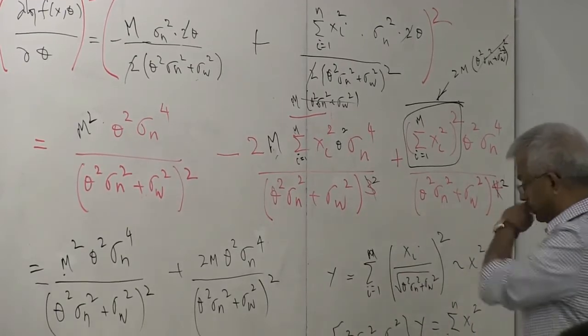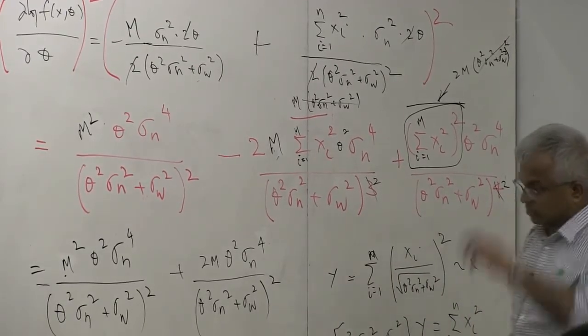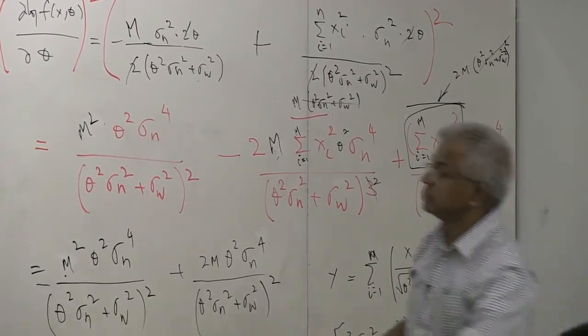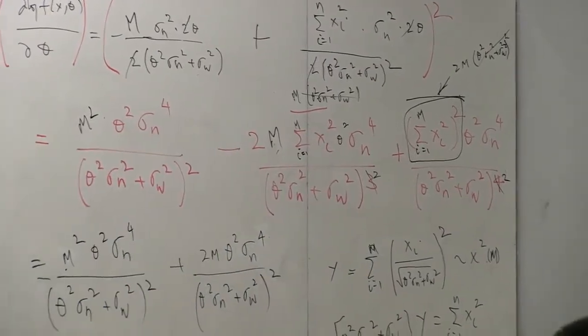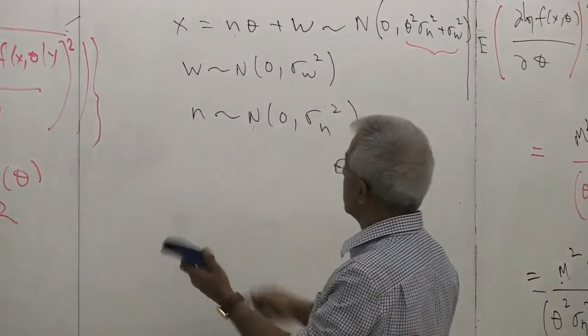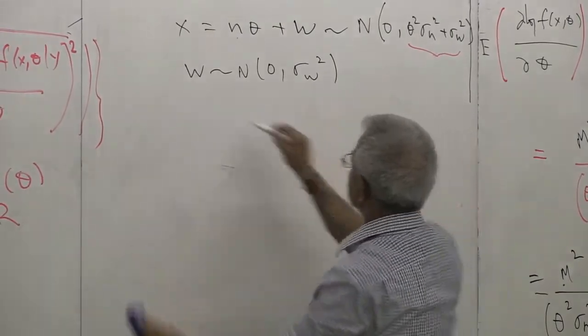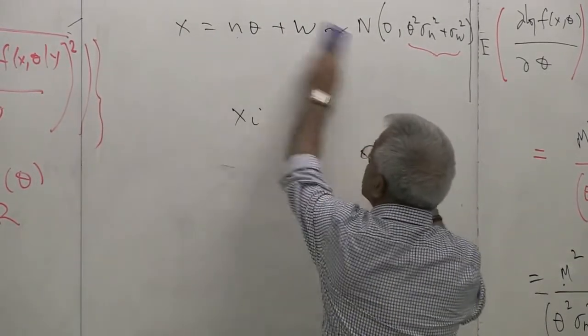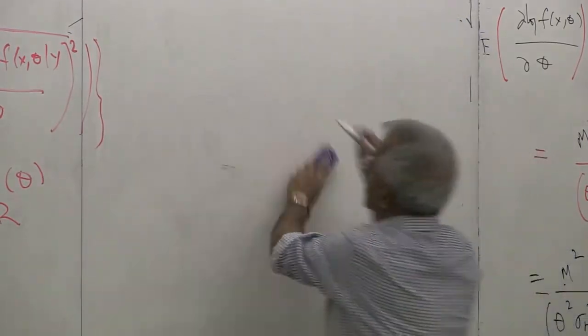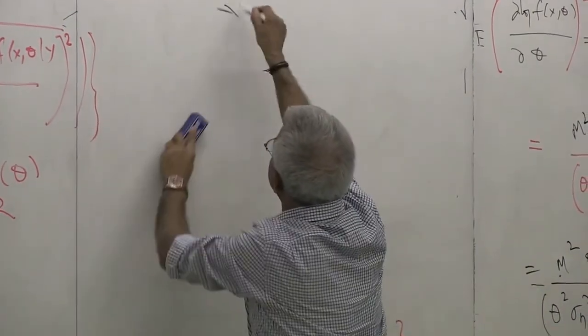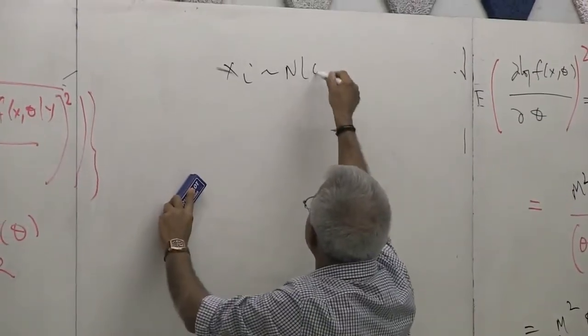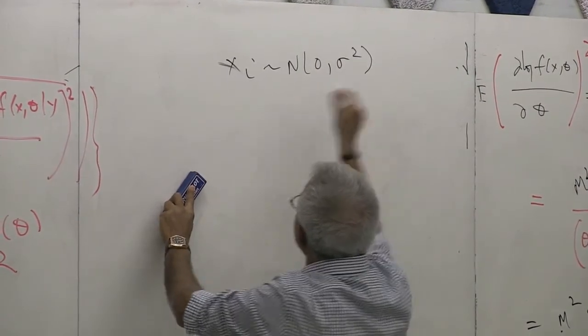Why? Look, let's say, look at this problem. That's not a double summation. Suppose xi is Gaussian with zero mean and variance sigma squared. Okay.